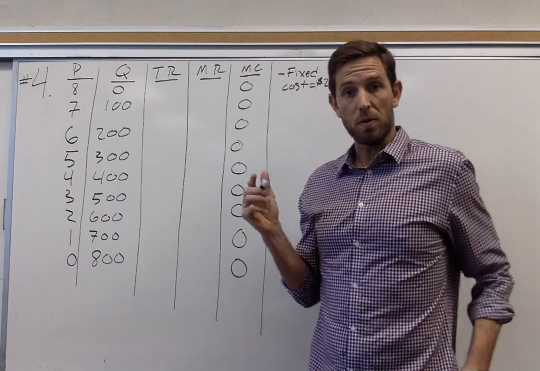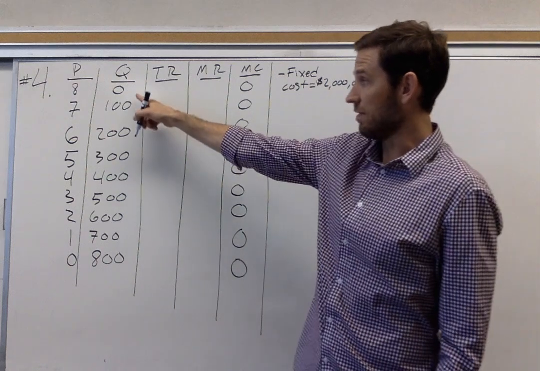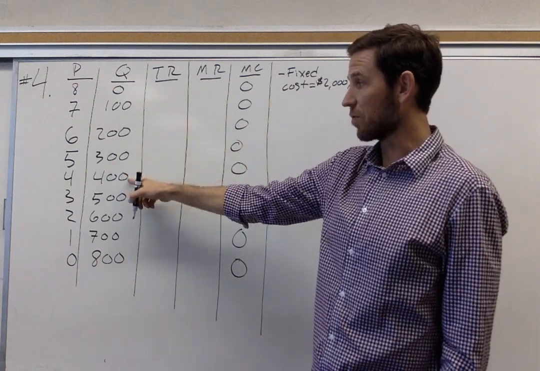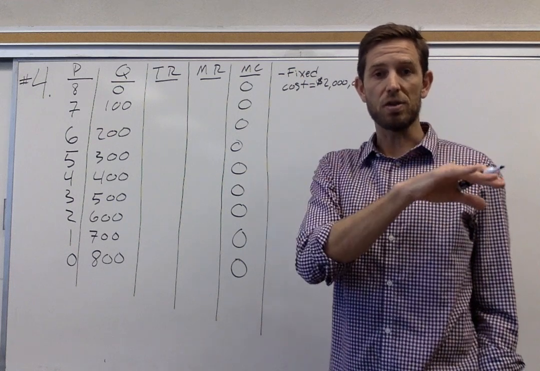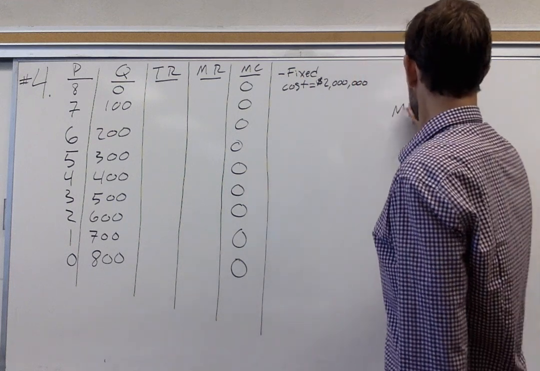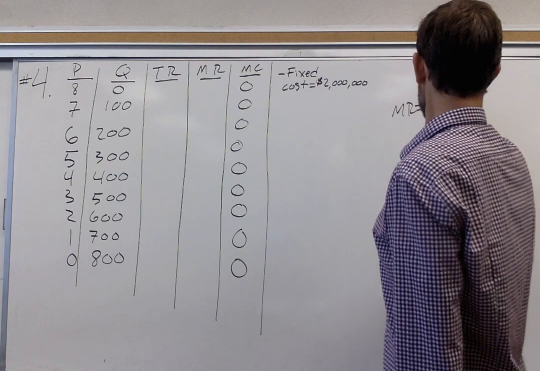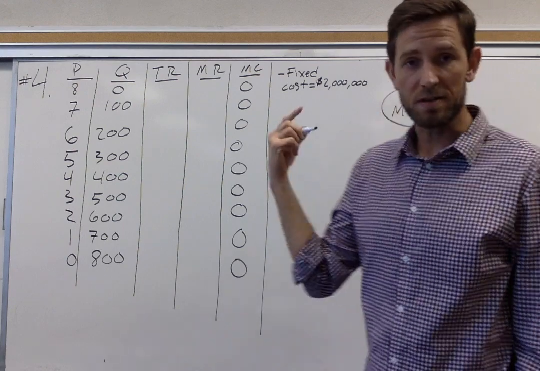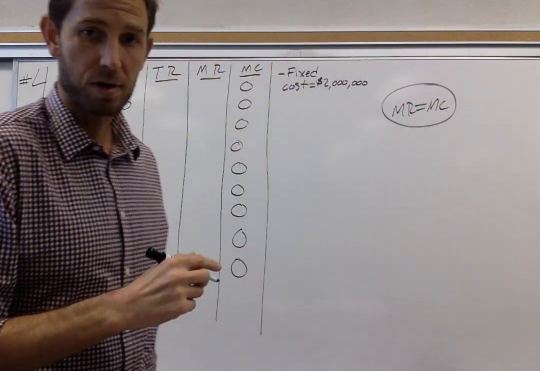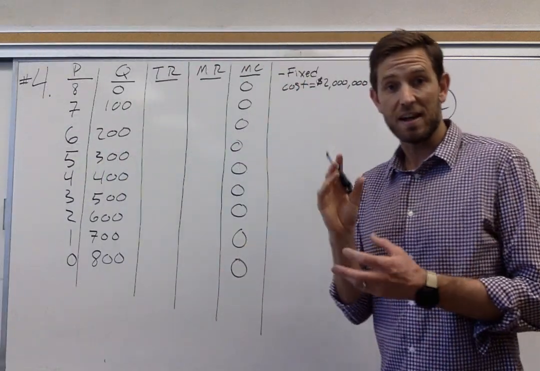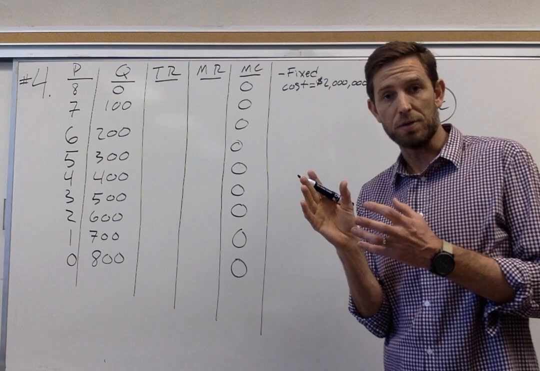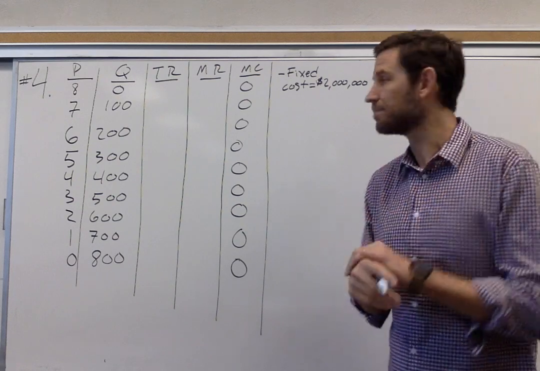The principle that you want to apply is to find the one level of output here, 200 crossings, 400 crossings, 600 crossings, where marginal revenue is equal to marginal cost. It's a super handy rule. You've seen this in earlier videos and read about this a whole bunch, I'm sure. So we want to find at which point marginal revenue equals marginal cost. That'll show us the quantity that they should produce. Then we'll find the price that gives us that.